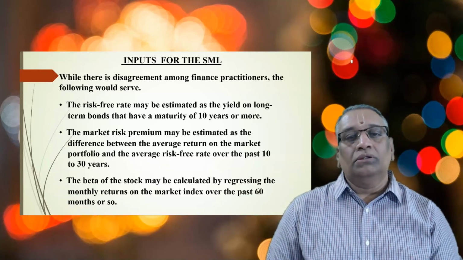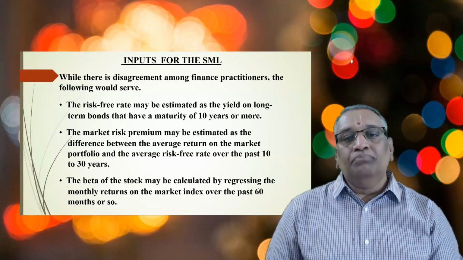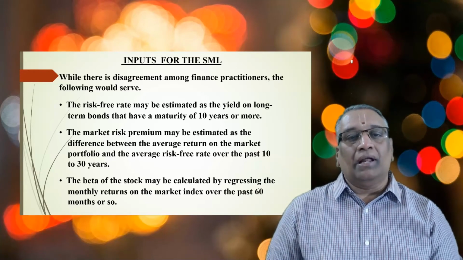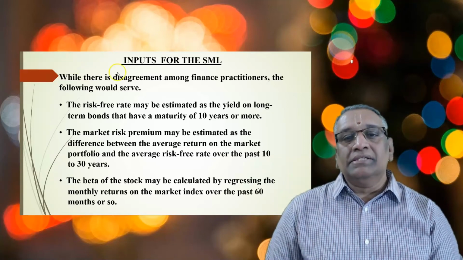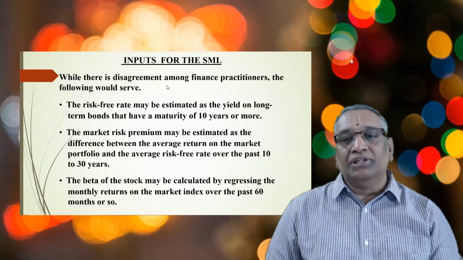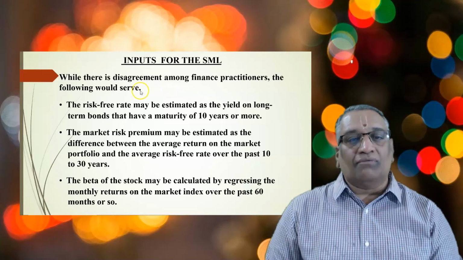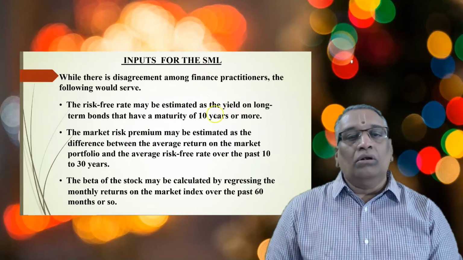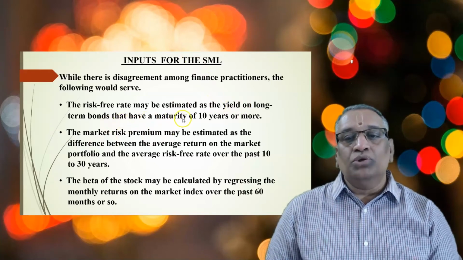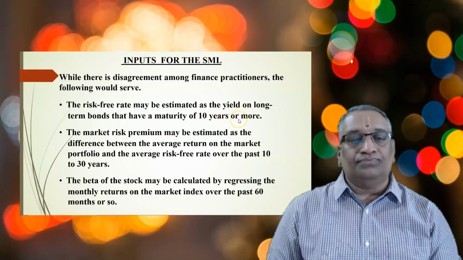Now let us move on to the inputs for the security market line. While there is disagreement among finance practitioners, the following would serve. The risk-free rate may be estimated as the yield on long-term bonds that have a maturity of 10 years or more.